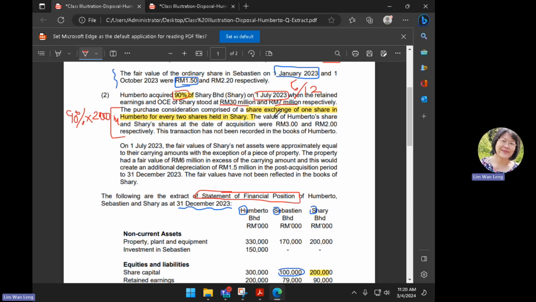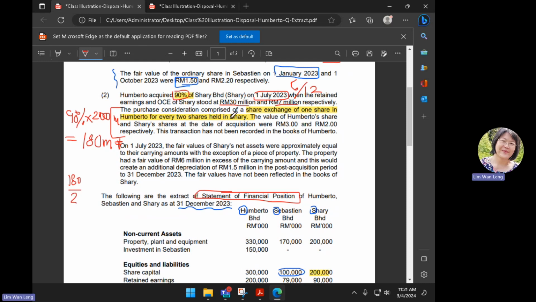Okay, so that's the numbers of shares. So when you times with this, that means what? 180 million numbers of shares. Okay, and then what did they tell you? Every 2 shares. So which means 180 divided by 2.